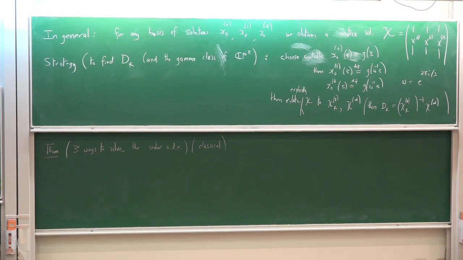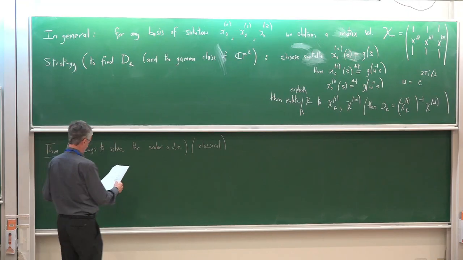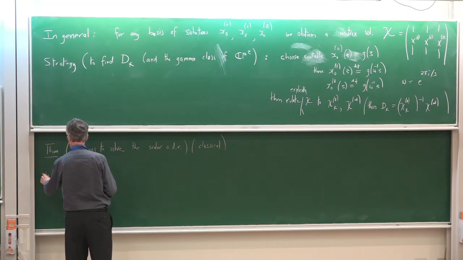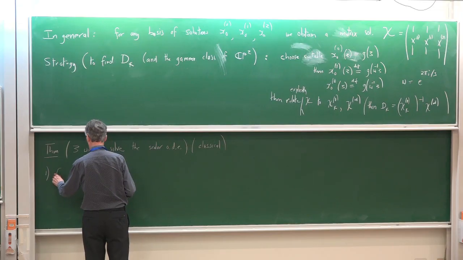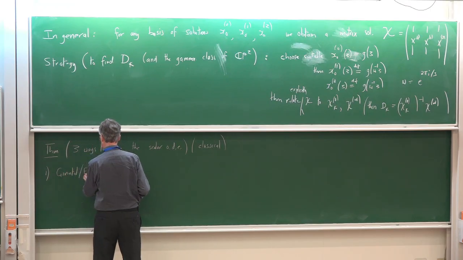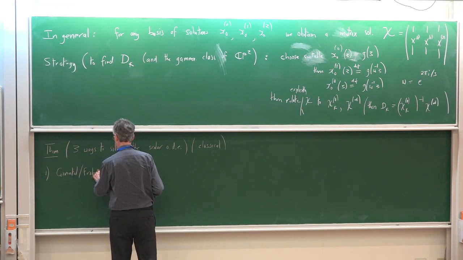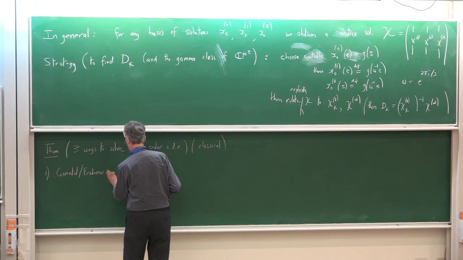The first way we've already seen, the Frobenius method. I will call it a Givental Frobenius type solution.